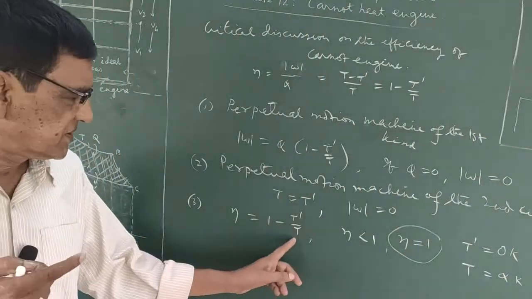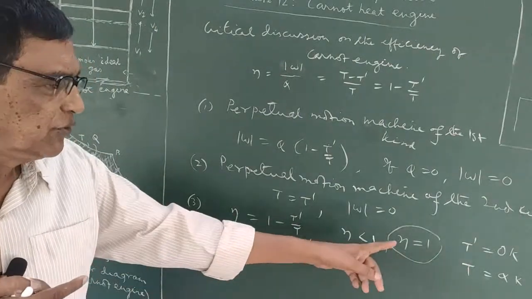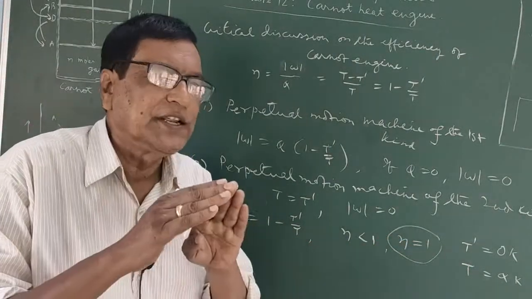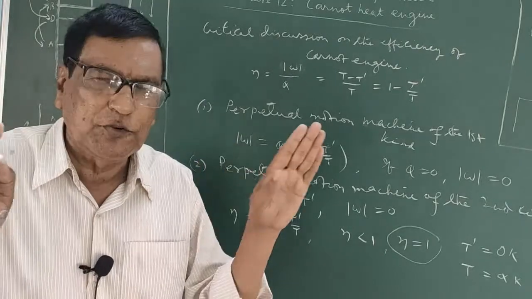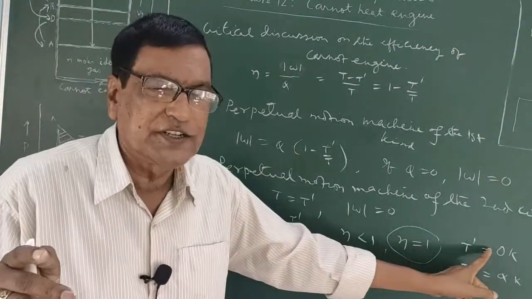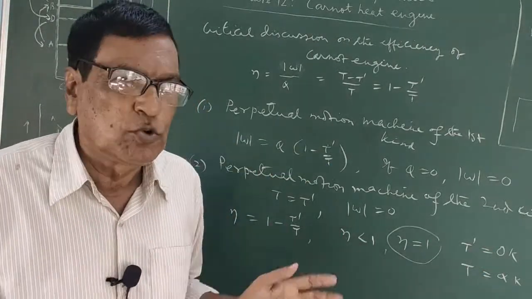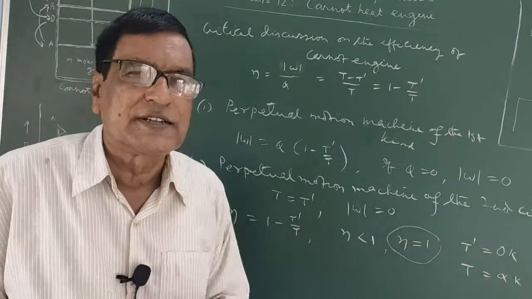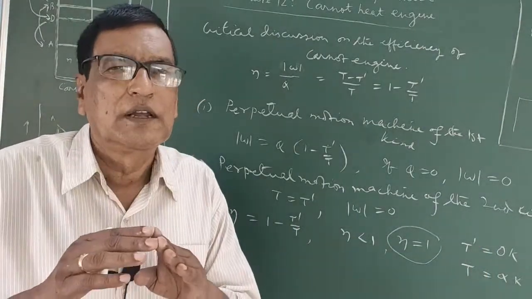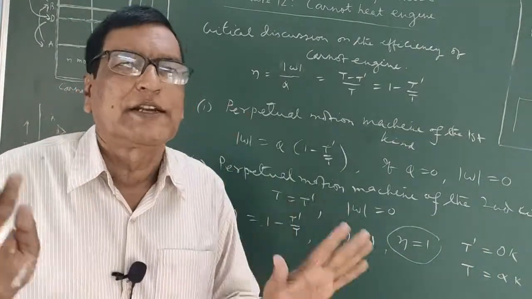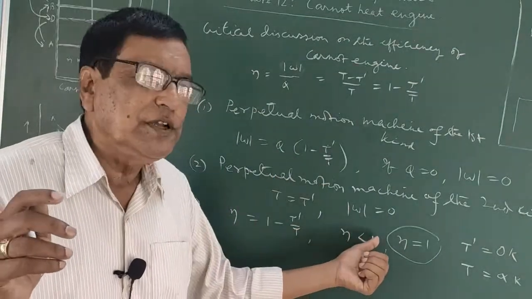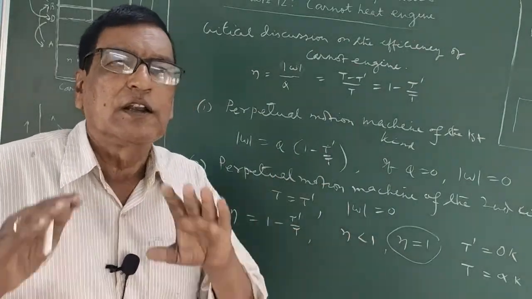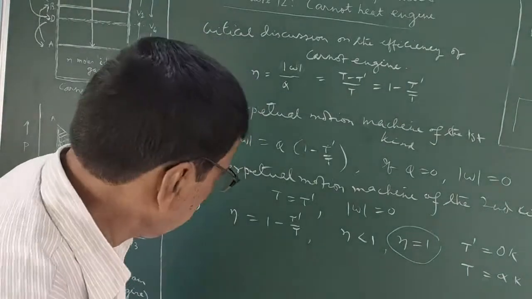In this case, efficiency equal to 1 means the heat is completely converted into work under these two conditions. But we all know these two conditions are not possible to realize in practice. So efficiency will always be less than 1 or less than 100%.